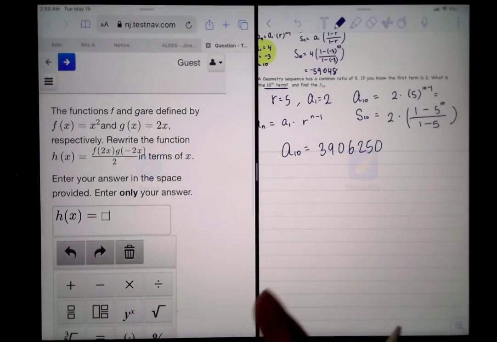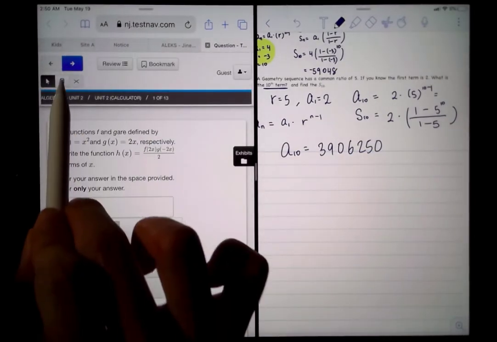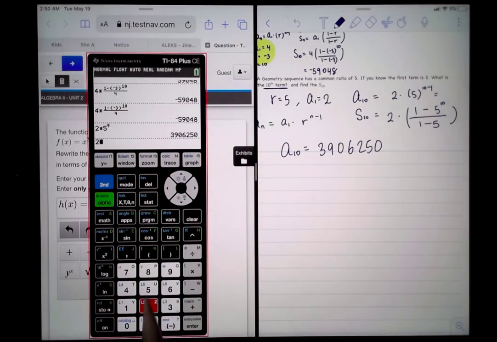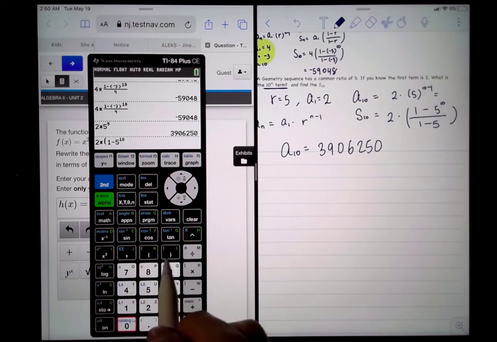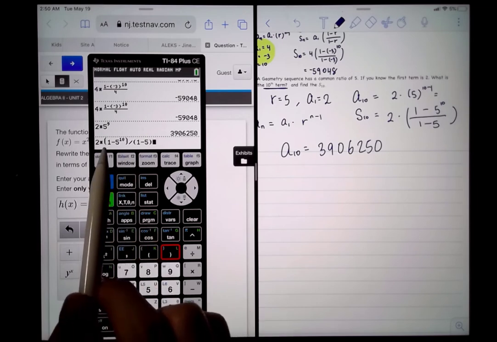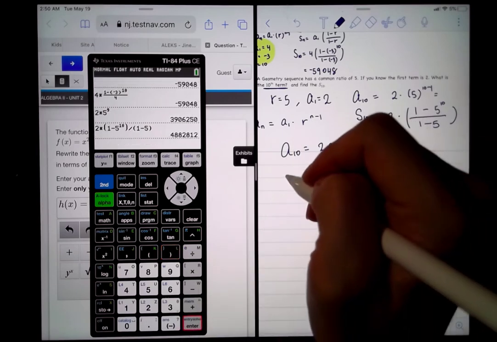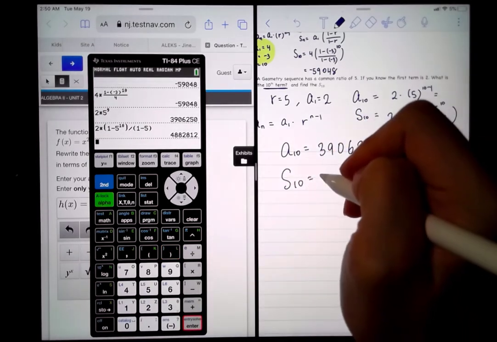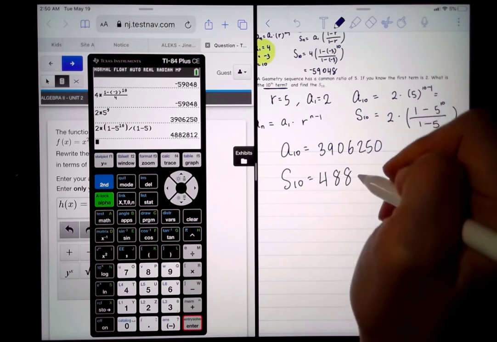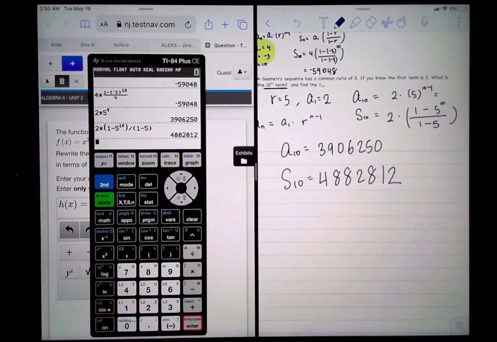So my calculator, where did it go? 2 times 1 minus 5 to the 10 divided by 1 minus 5, like this, right? Just check before you press enter: 2 times 1 minus 5 to the 10 power over 1 minus 5. Then you get S10 is 4882812. Okay, that's it, guys.